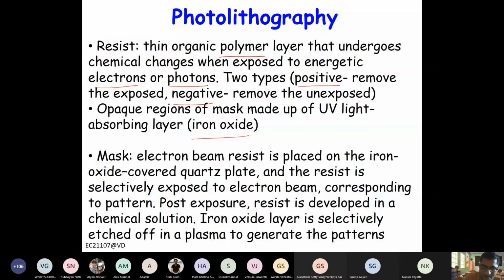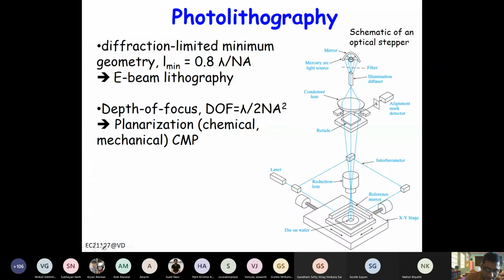It could be iron oxide for the absorbing layer, and other regions can be transparent. So we will basically selectively expose the resist, right?